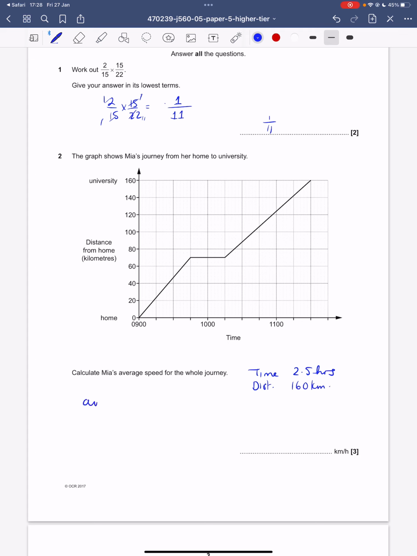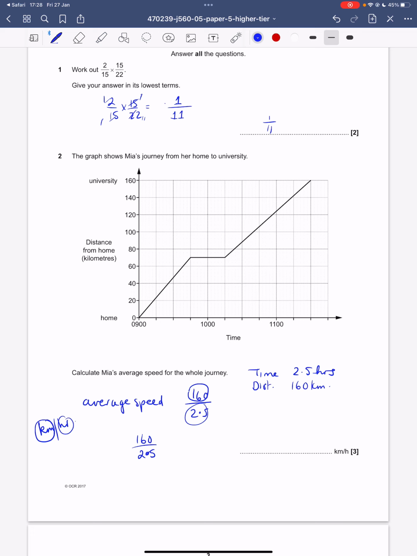Okay, so the average speed is the total distance divided by the total time. If you think speed is kilometres per hour in this case, okay, so it's the kilometres on the top of the fraction and the hours on the bottom. 160 divided by 2.5.